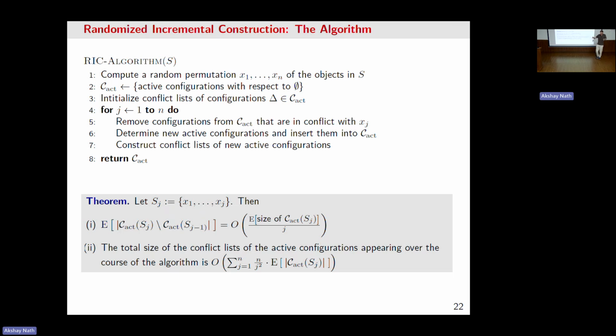When do you destroy a configuration by removing something? When was a configuration active? Well, first of all, nothing from its conflict list should be present at that time. If I remove something and it had an empty conflict list, then definitely that's still the case.